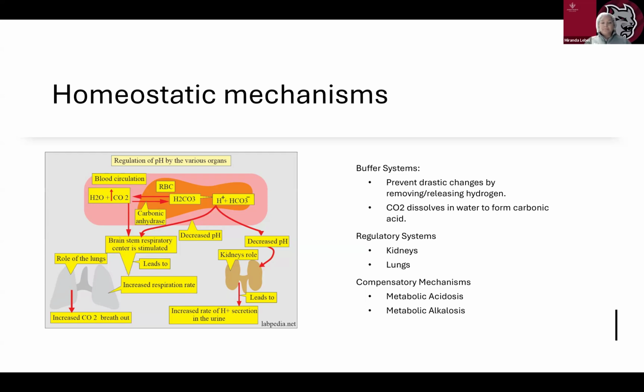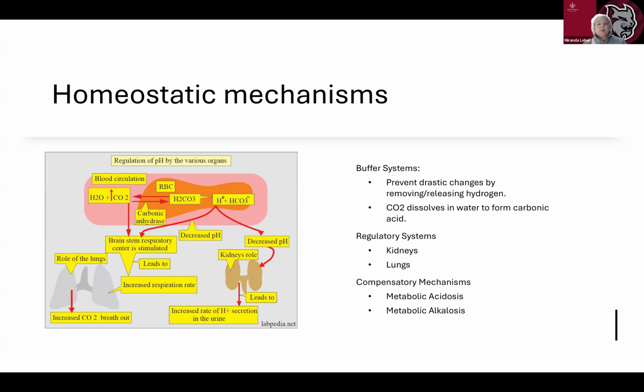roles. On this slide, it should say respiratory acidosis, metabolic acidosis, and respiratory and metabolic alkalosis. I missed the respiratory part. But for respiratory acidosis and metabolic acidosis, we need to excrete hydrogen ions and conserve our bicarb.